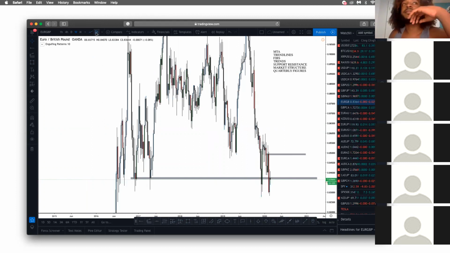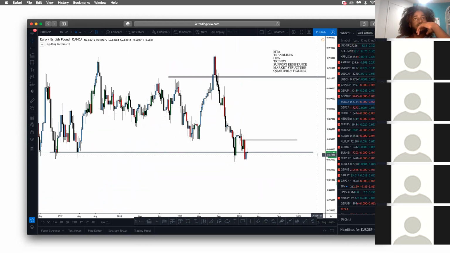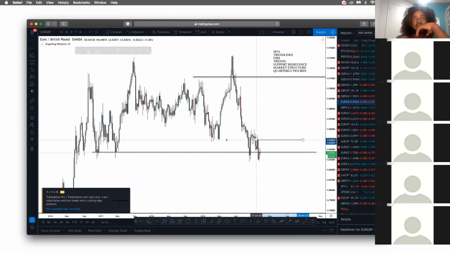Okay. So we're aware of our weekly support and resistance levels. Significant support and resistance levels, right?